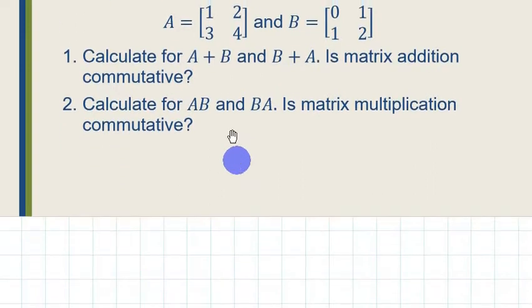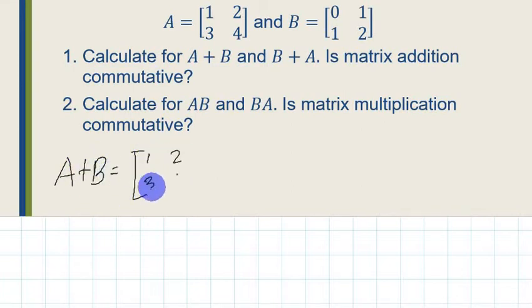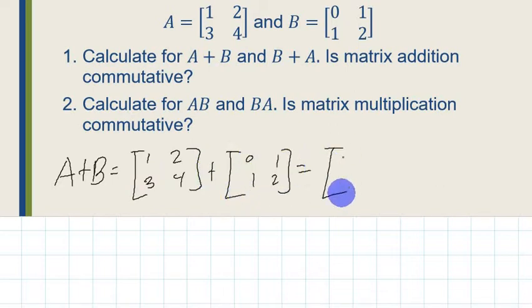Alright, so let's first do A plus B. If we're going to have A plus B, that will be this matrix plus this matrix. So therefore, we're going to have 1, 3, 4, 6. Let's see if B plus A will yield the same result.